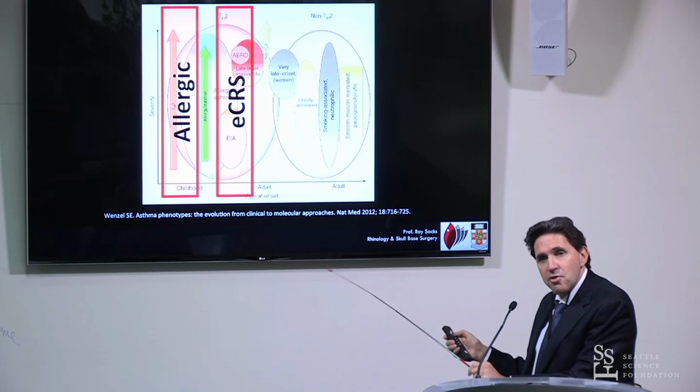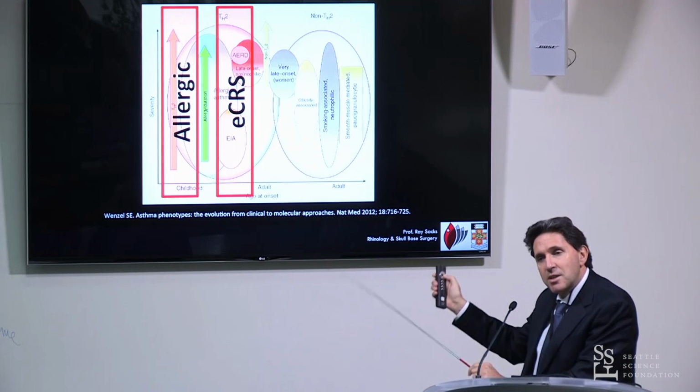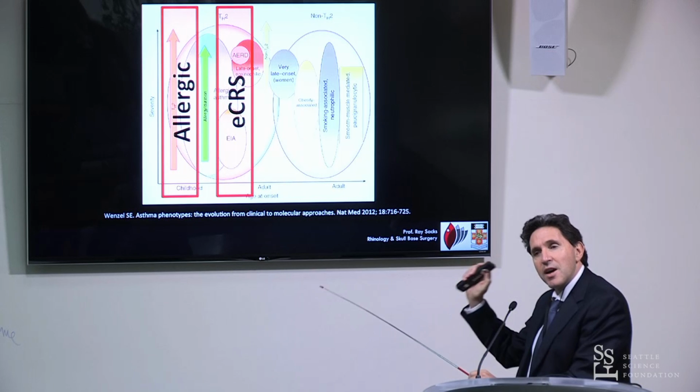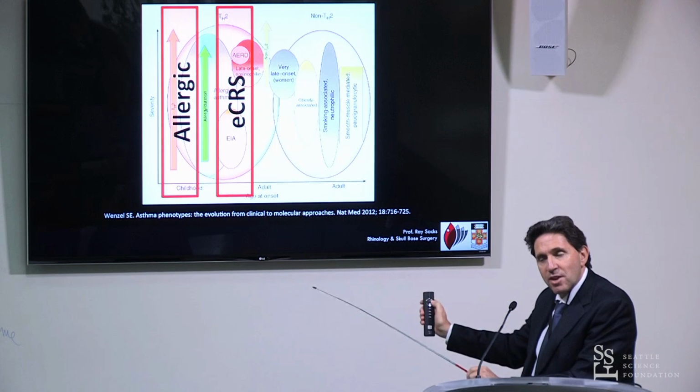That group does really, really well. The second group is a severe asthmatic, steroid-dependent eosinophilic CRS patient. They need aggressive, complete surgery and long-term topical steroid therapy.